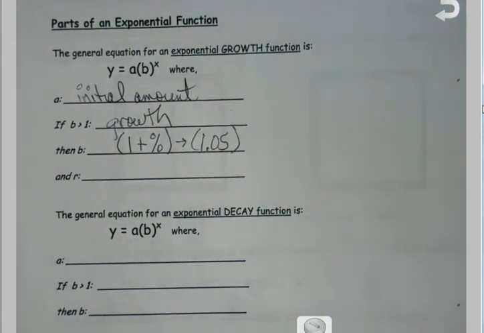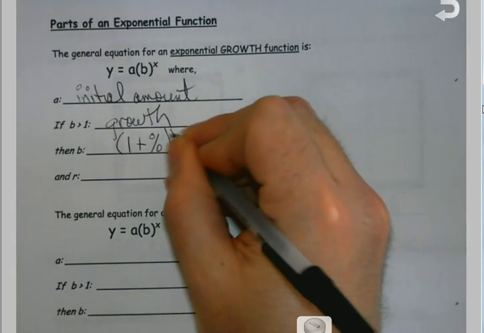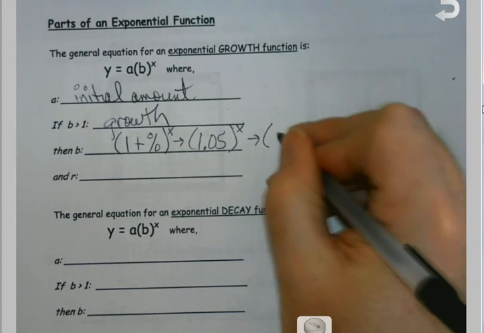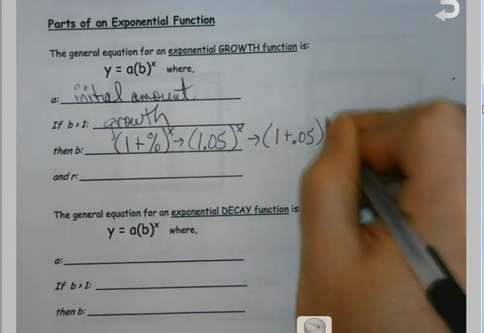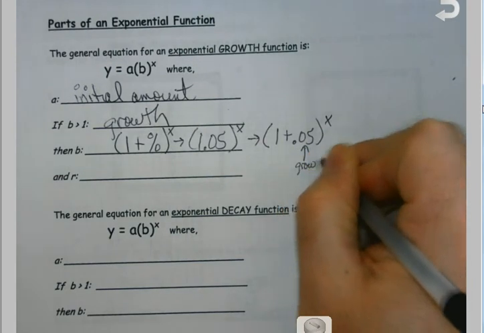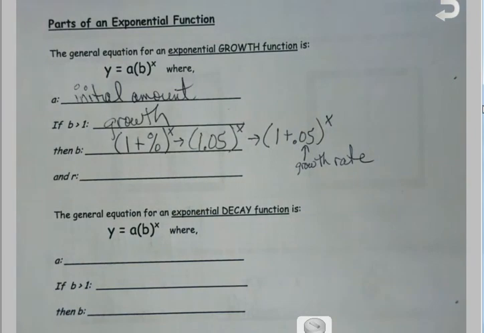If I broke that apart, oops, I forgot my X. If I broke that apart, it'd be 1 plus 0.05, which actually has its own word, and it's called a growth rate, if it's plus.